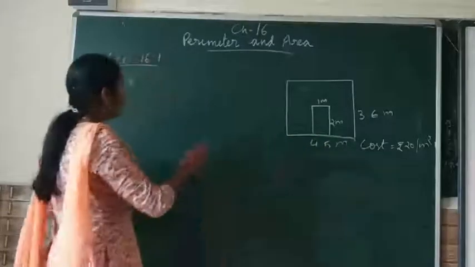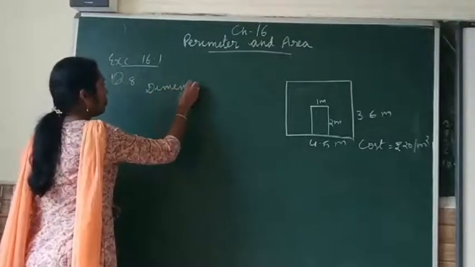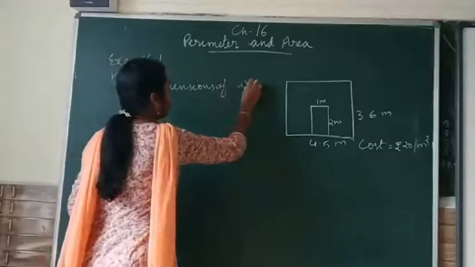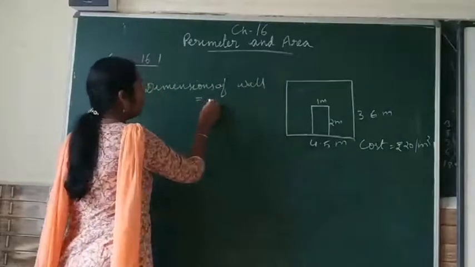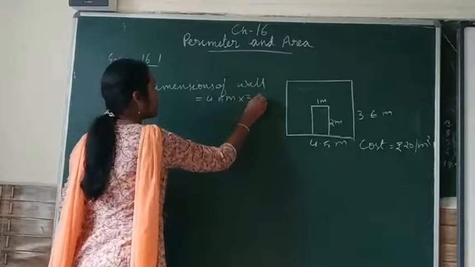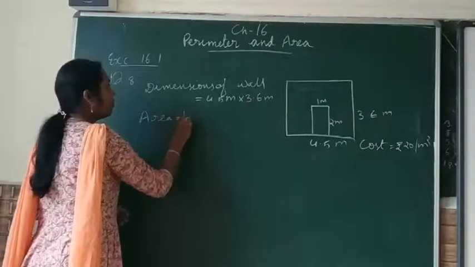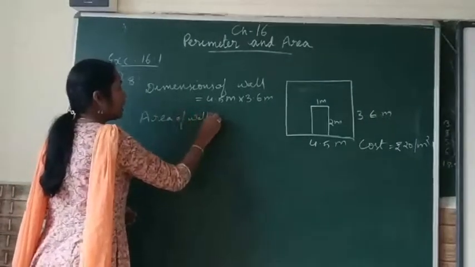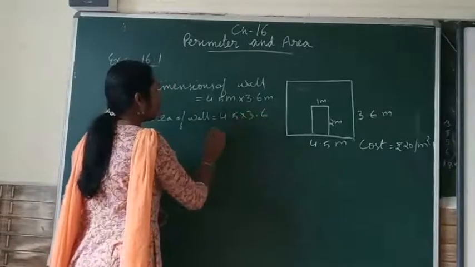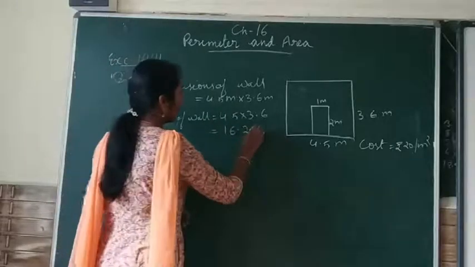So let us write. First of all, dimensions of wall is equal to 4.5 meter by 3.6 meter. We can write area of wall is equal to 4.5 into 3.6, that is equal to 16.2 meter square.